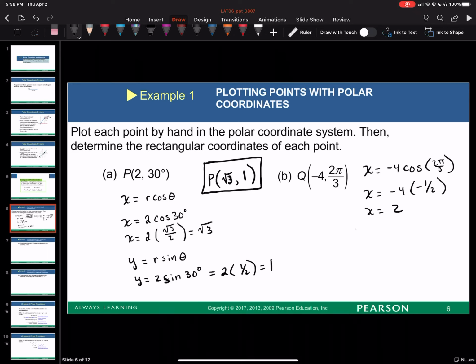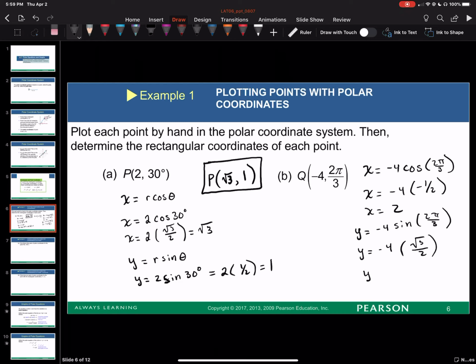So if we're looking for y, y is just equal to negative 4 times the sine of 2 pi over 3. So y is just equal to negative 4 times the square root of 3 over 2.